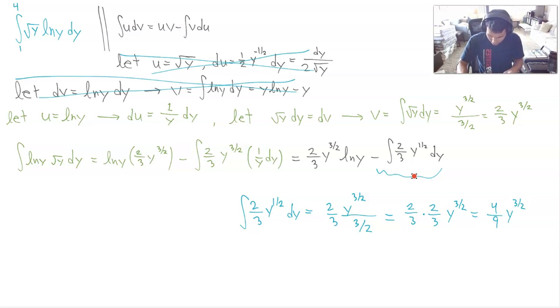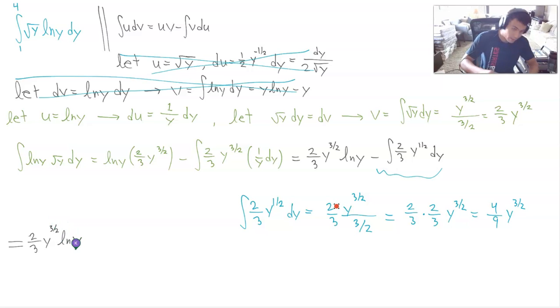Okay. So now we can go back to our answer here, and we know that it's equal to 2/3 y to the 3/2 ln y minus 4/9 y to the 3/2. Right, and then let's just try to do a little bit of factoring here to make it look a little bit nicer. We could factor out the y 3/2 here.